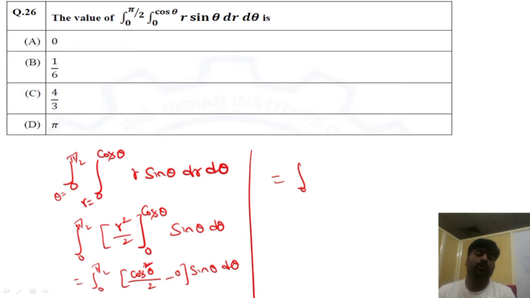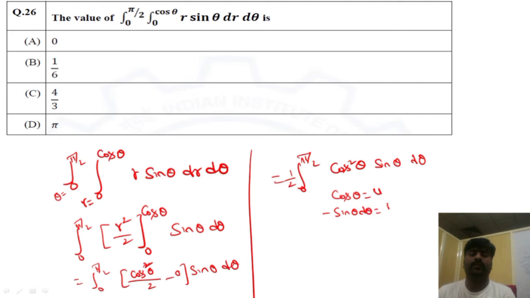So this is the integral from 0 to pi by 2 of cos square theta by 2, taken outside, sin theta d theta. Here I call cos theta as u, then minus sin theta d theta is du, which means sin theta d theta is minus du.